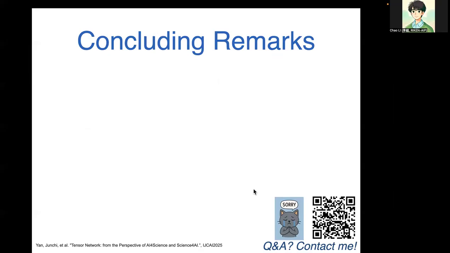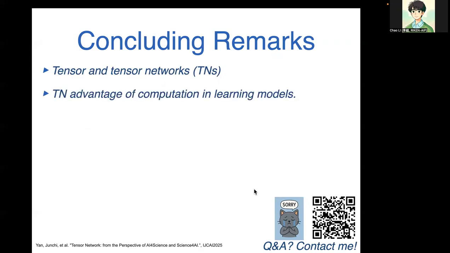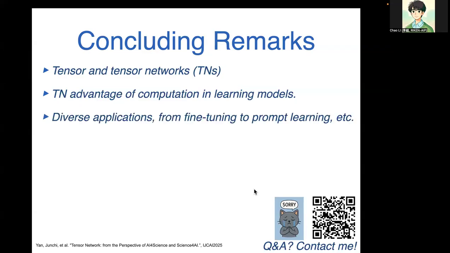In this tutorial, I hope you've gained a clear picture of what tensors and tensor networks are, learned the basic recipe for applying them in learning models, and thought about how they can tackle real-world problems. If there's one thing I want you to take away, it is that tensor networks are more than a mathematical tool. They are a bridge.